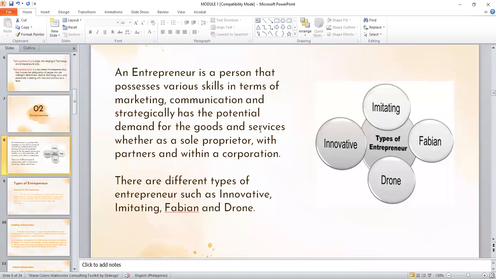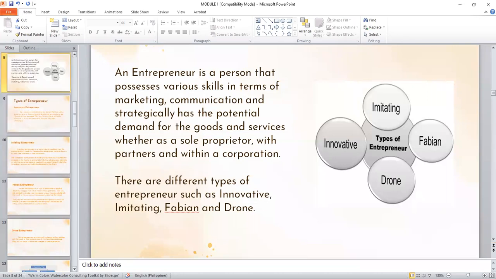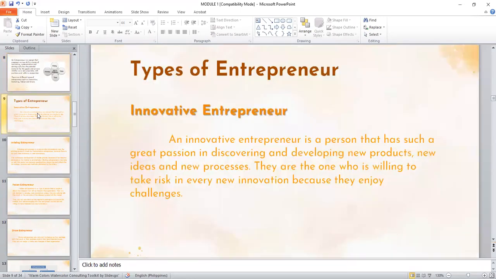So he exists because of this demand for goods and services. Now, speaking of these different types of entrepreneur that you could see on the right-hand side of your screen, we're going to look into each one. Okay, and probably you may have in mind already what type of entrepreneur a friend or somebody that you know already is. So let's go to them one by one.